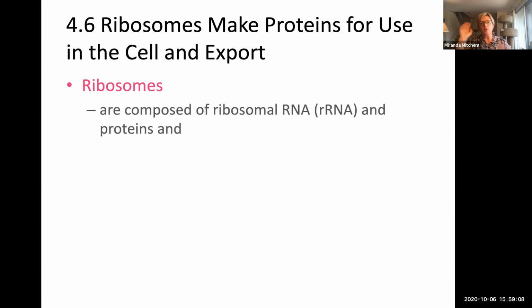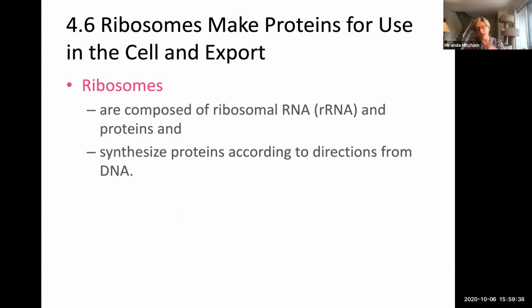Now, ribosomes are made of their own special RNA called ribosomal RNA. And depending upon if we're talking about a eukaryote or a prokaryote or archaea, the 3 domains of life, there are distinctly different ribosomes used by the members of the individual domains. So our ribosomes are very different from the ribosome of a bacteria.